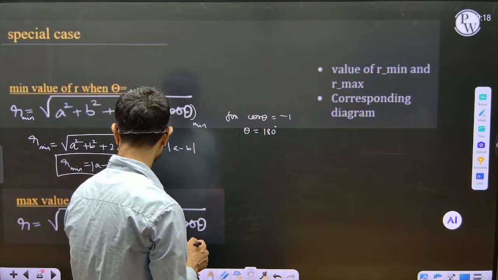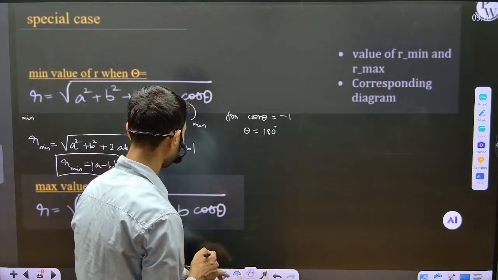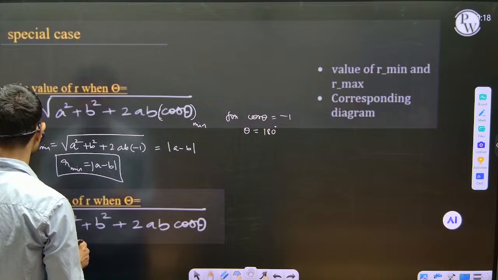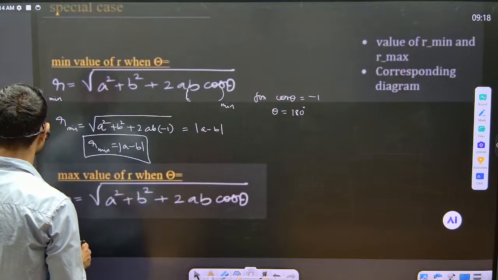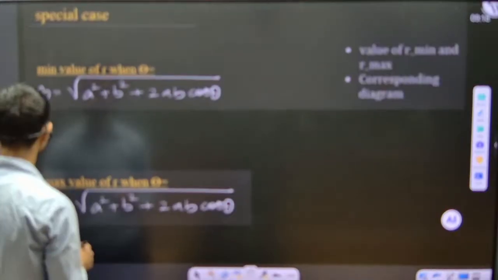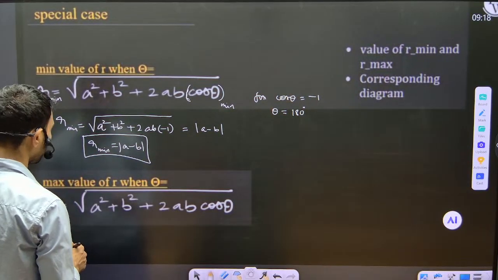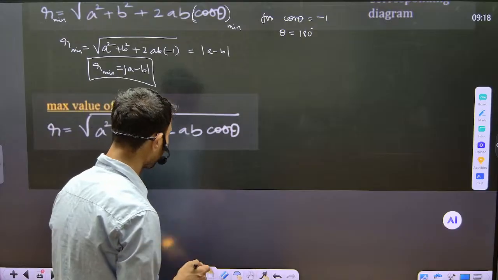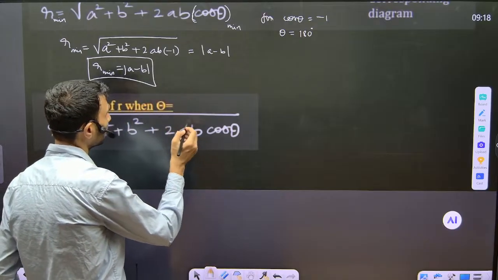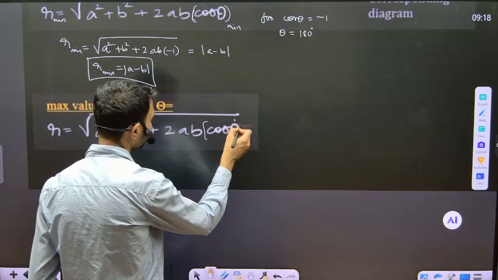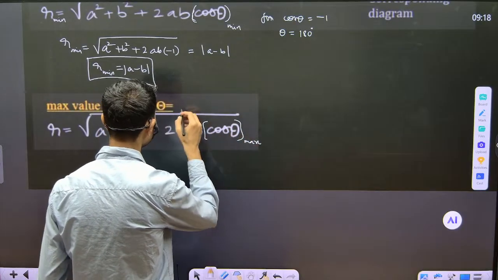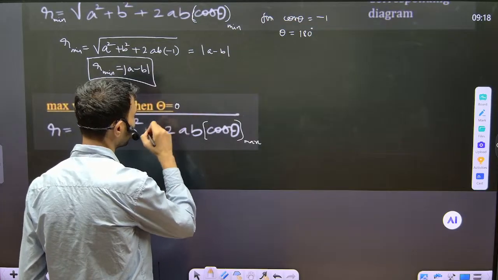Now if you want maximum, cos theta should be maximum, and cos theta is maximum for theta equal to 0.